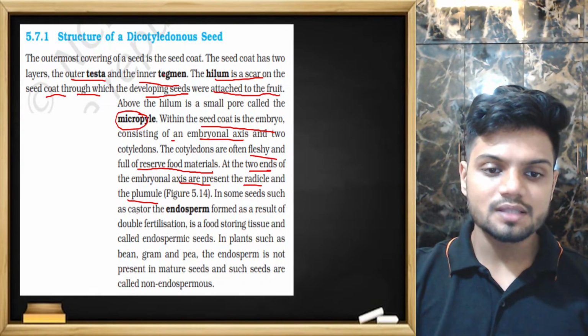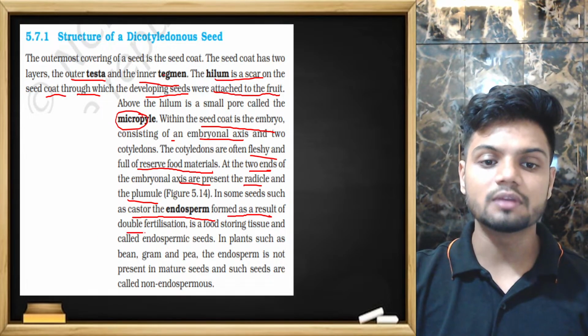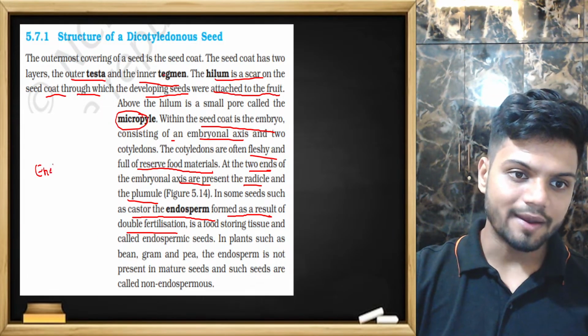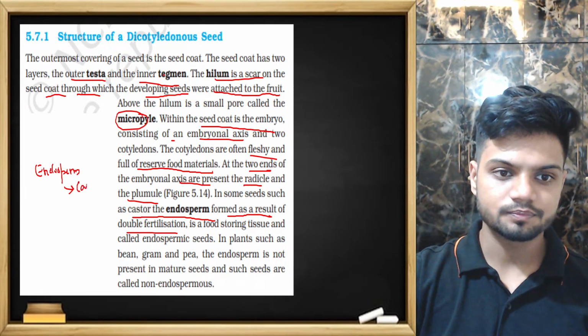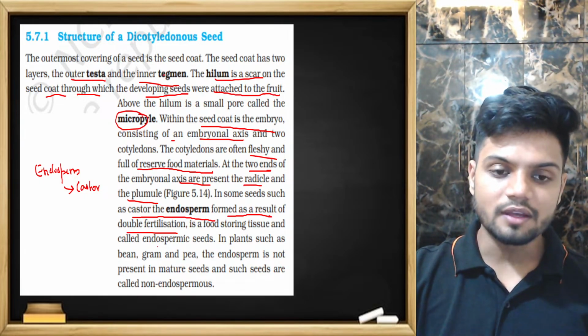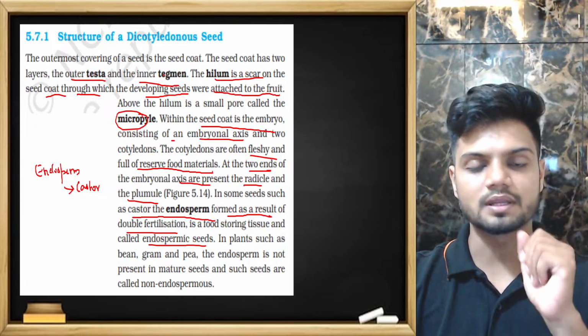In some seeds, such as castor, endosperm is formed as a result of double fertilization. So endosperm is present in the case of castor, and they are called endospermic seeds or albuminous seeds.